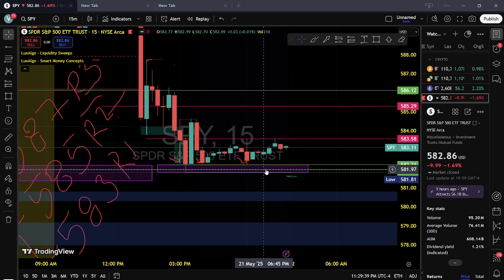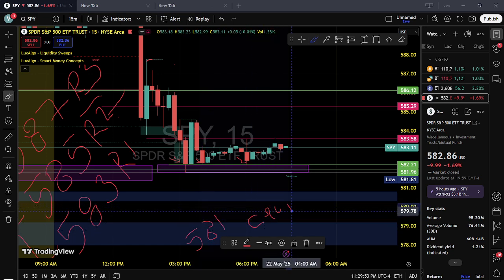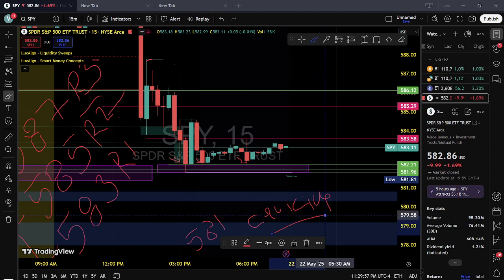So this will be your tomorrow game plan, guys. Look at what the market is doing in the pre-market. 581, crucial support. It's unable to write it well. So 581 is the crucial support, guys.